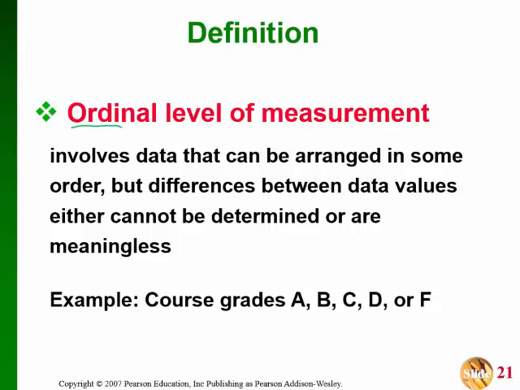So the big root word here is order, ordinal, something that you can put in a specific order. Now, your course grades, A, B, C, D, or F, is still in the qualitative level, right?